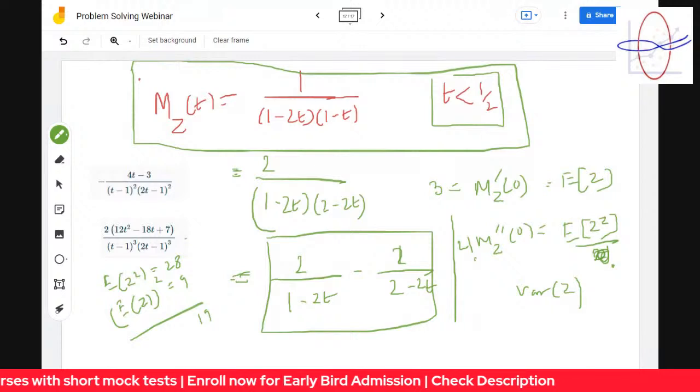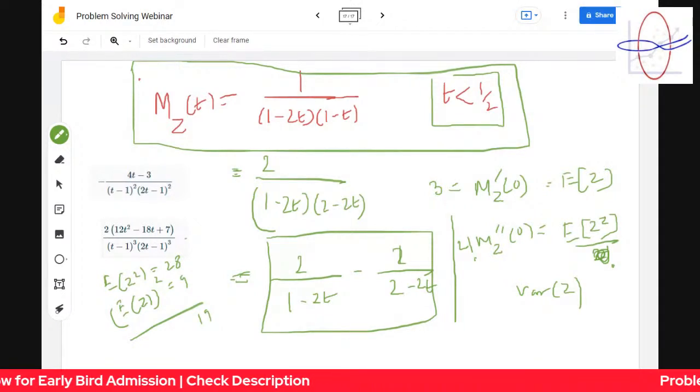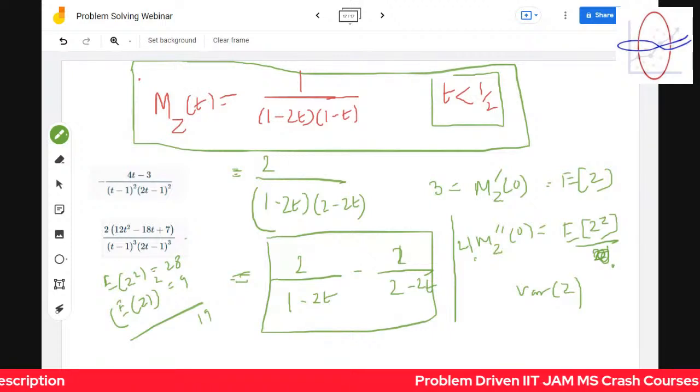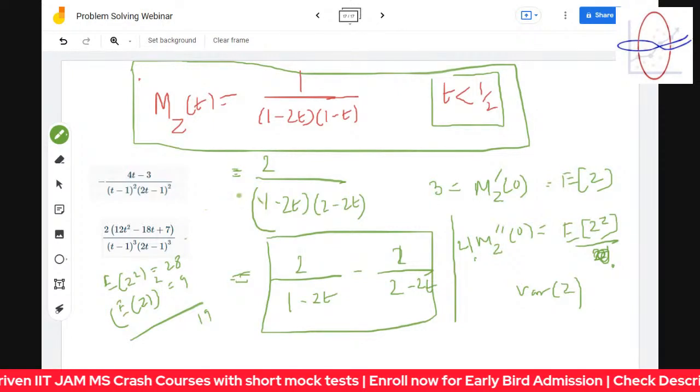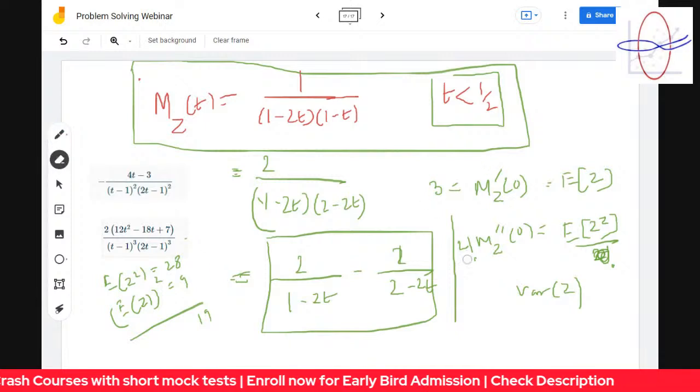Oh, because expectation of Z square by 2 factorial is M double dash of, like, I think it's getting, no, wait, M double dash is doing, when you're doing that, no, yeah, you're right, there is no multiplication of 2.